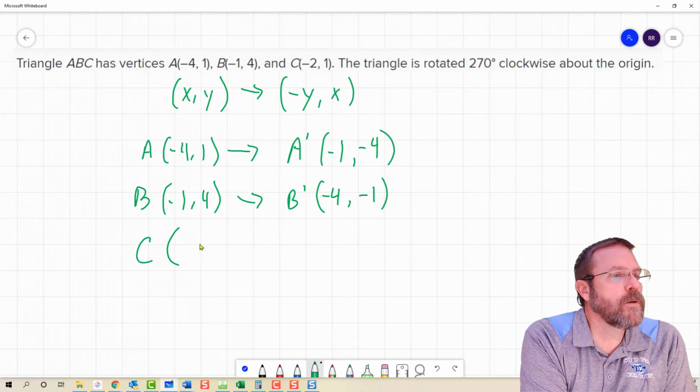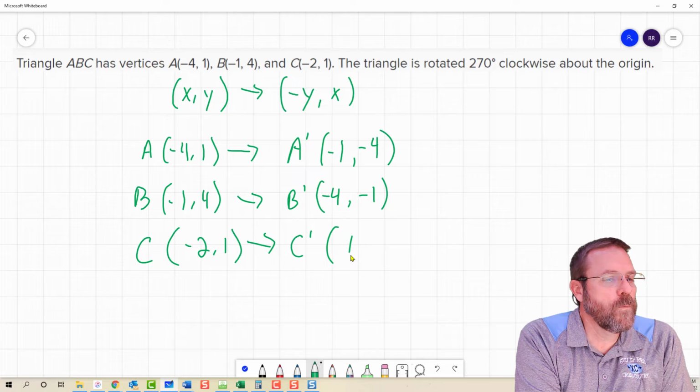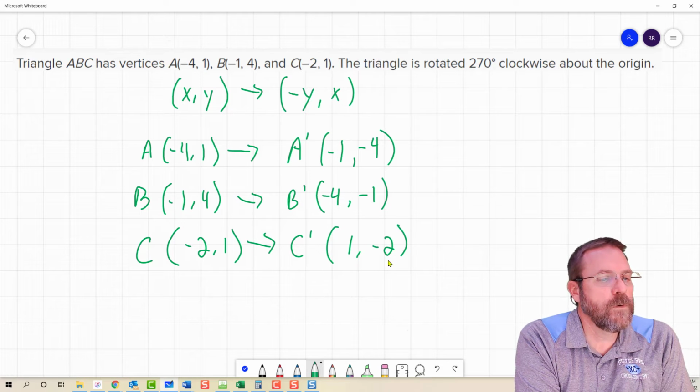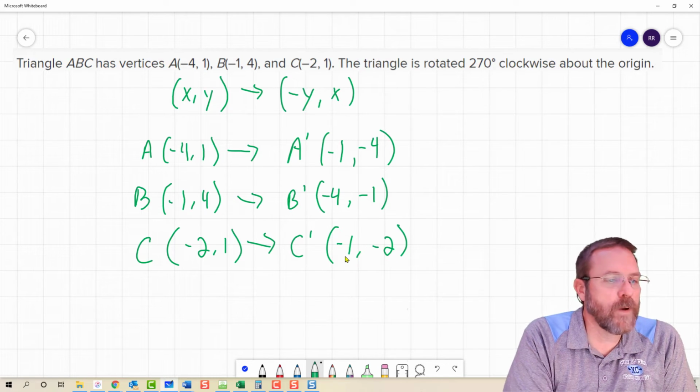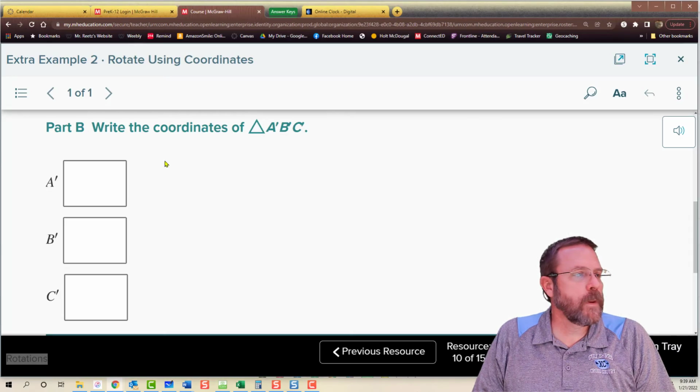My C value was -2, 1. That means that my C prime is going to end up being 1, -2, and the number that was the y value, it's going to flip again. Now we have to plug those new values into our answer key here.